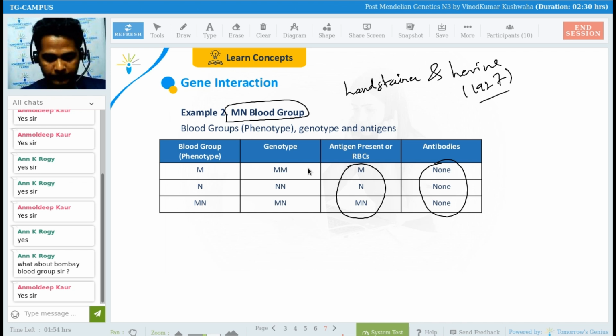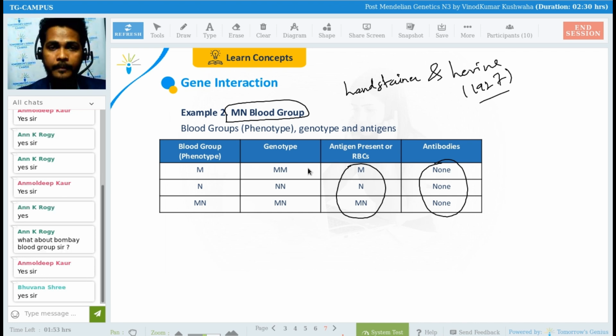Just respond. Sir, where is the MN blood group seen, sir? Yes, yes. Where is the MN blood group seen, sir? Okay, let me tell you. I will tell you the details, don't worry. So till now, just confirm that everything is clear to everyone.